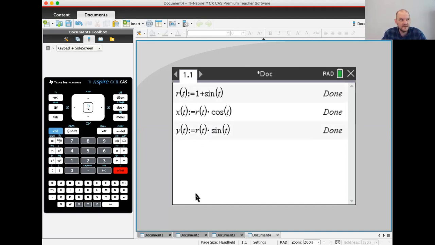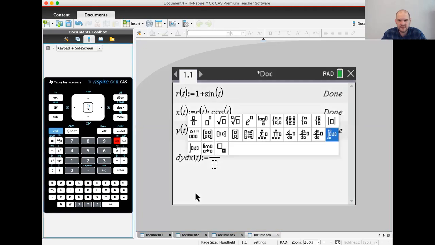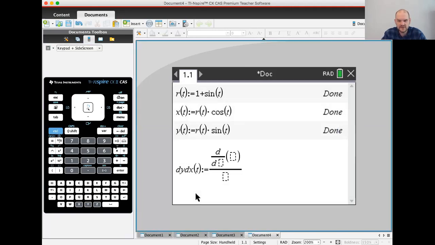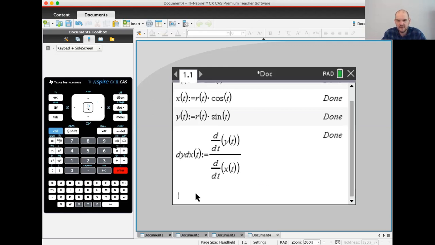Then dy/dx of t is going to be the derivative with respect to t of y of t over the derivative of x of t with respect to t. You should use the templates. It's just faster for me to type it, but I'll use it this time. Okay, so that's dy/dx.